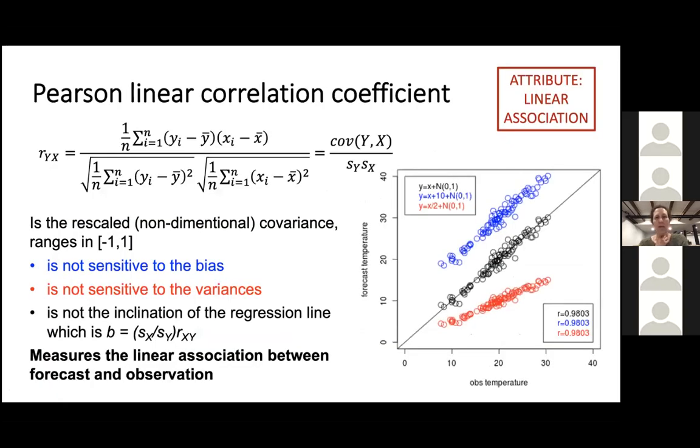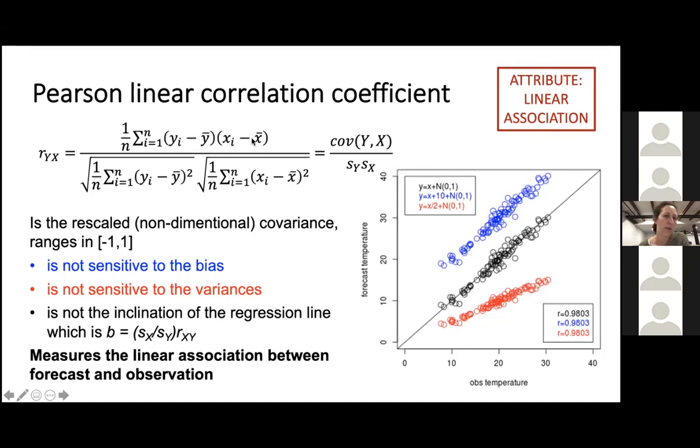Pearson or linear correlation coefficient. This statistic measures an attribute that is called the linear association, and I'm going to explain exactly what it means. Here you see the forecast and the observations products, but rescaled.